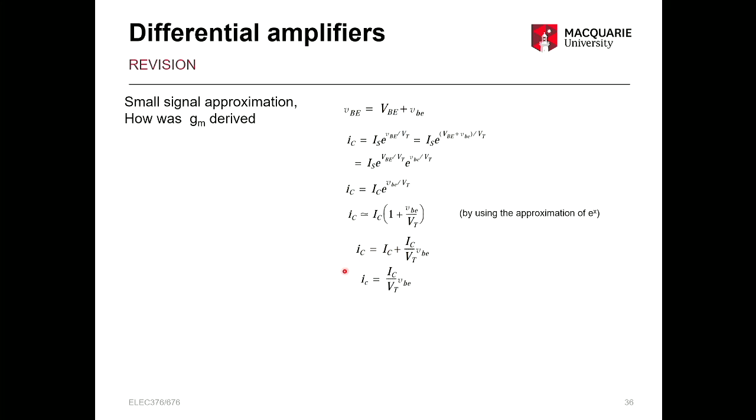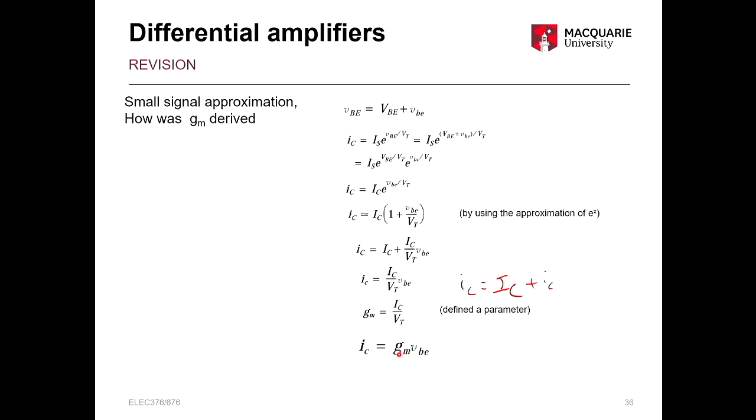And in this case, we now have our small IC taken out here. Our total IC is equal to big IC plus small IC. So using that, we can get to this expression. From there, we can define GM as equal to IC over VT. So we've just defined that parameter, which allows us to have small ic equal to GM times small vbe.